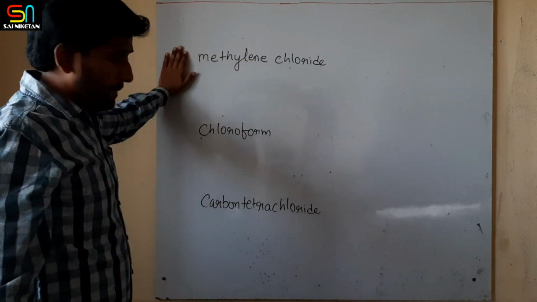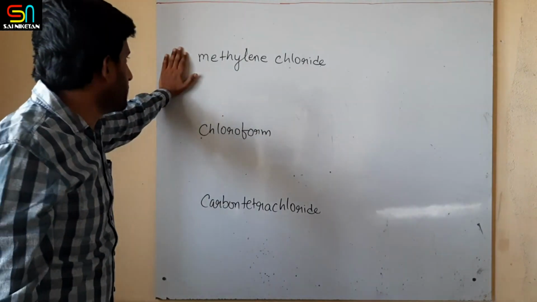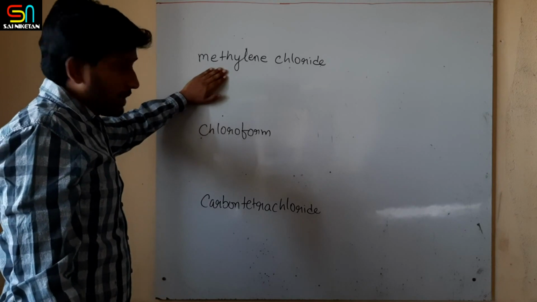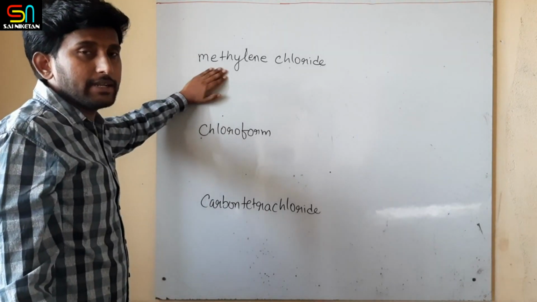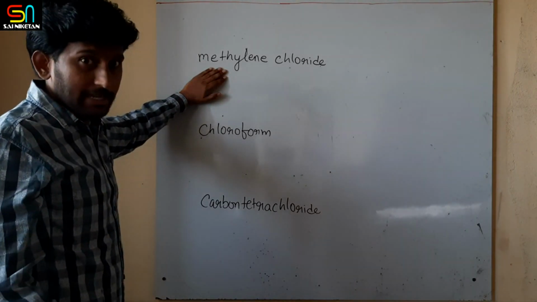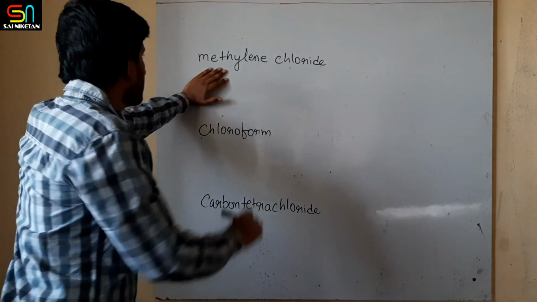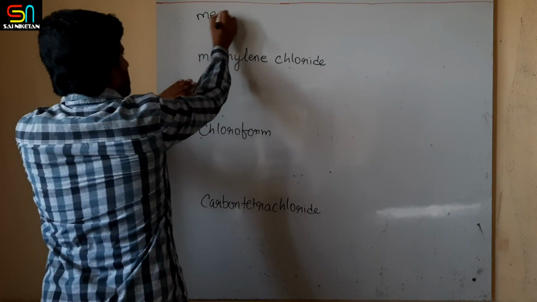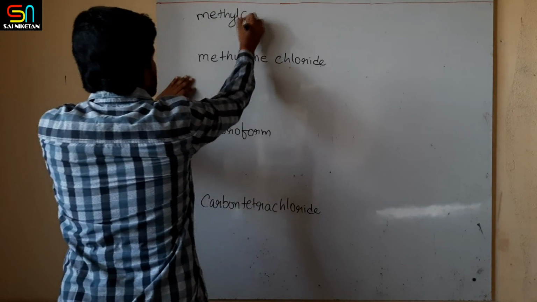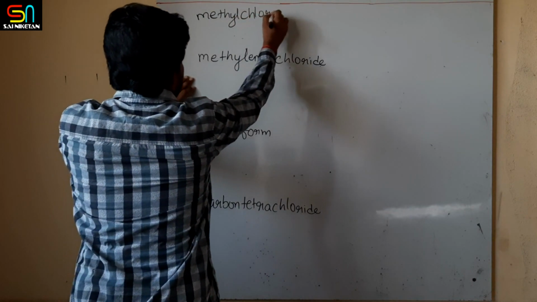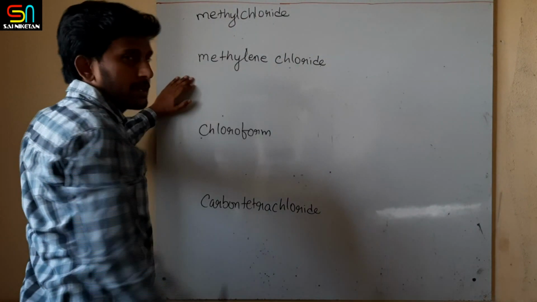Okay, methylene chloride, as I said, is an alkylene halide, which means it is a dihalide. Methyl chloride is different from methylene chloride.